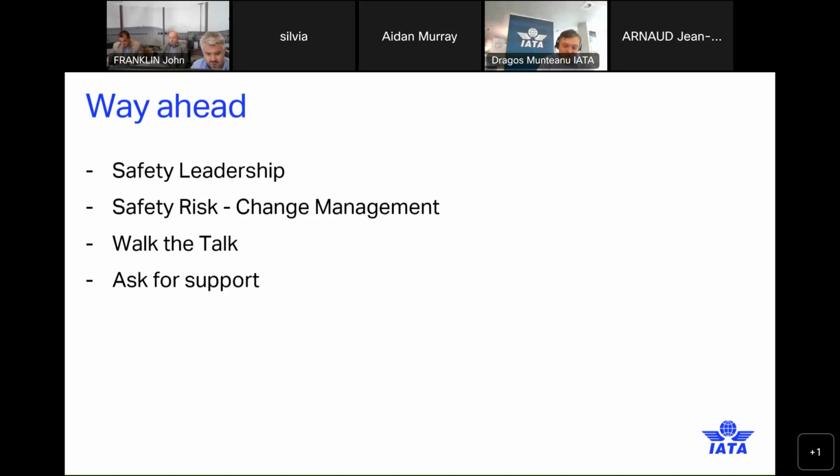And then walking the talk, something that we talk a lot about, and we say, yes, we need to, but working by example, and the nominated post holders and the persons who are part of the management system need, in fact, to show that safety is something they really believe in, and they commit the whole organization to this. And asking for support is also something we believe is extremely important.